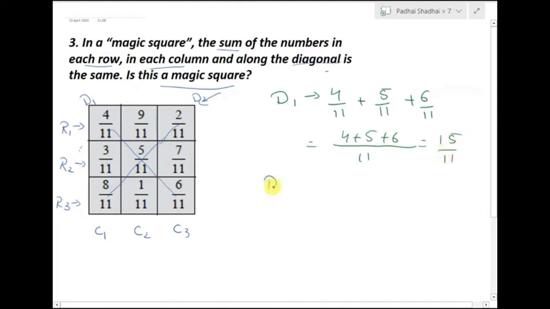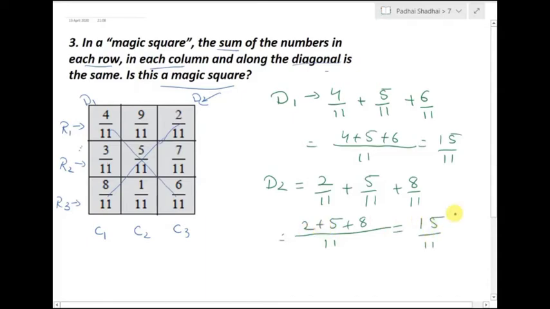Now for diagonal 2, D2, that is 2 by 11 plus 5 by 11 plus 8 by 11. Again base is same, denominator is same, so we will directly write down denominator 11 and add the numerators. 2 plus 5 plus 8. 2 plus 5, 7 plus 8. Again 15 by 11.